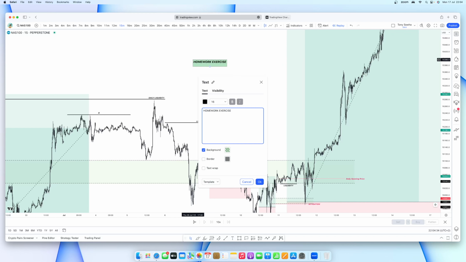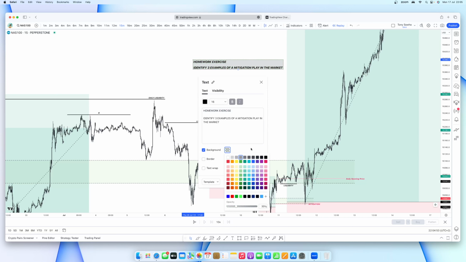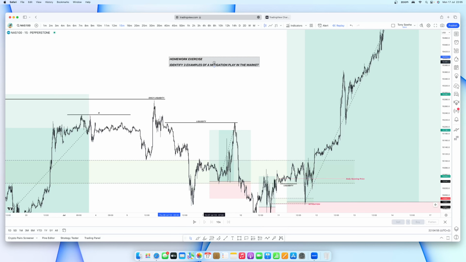For your homework exercise now, identify 3 examples of a mitigation play in the market. It's a very simple assignment. Be it bullish or bearish, just a mitigation example. I want to be sure you understand it, just like this.